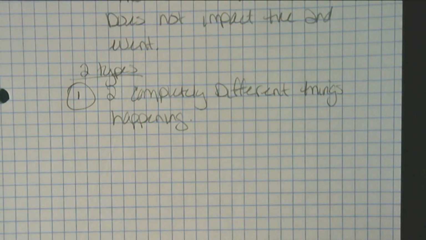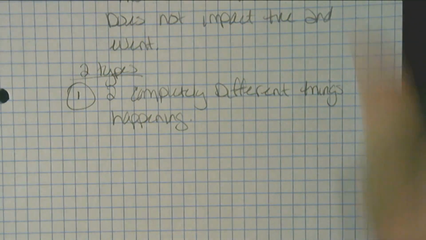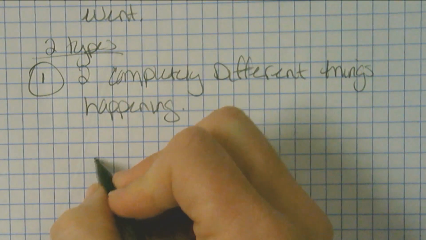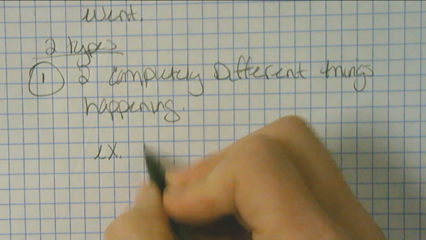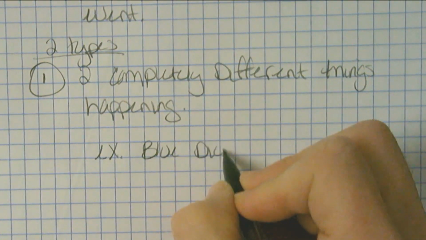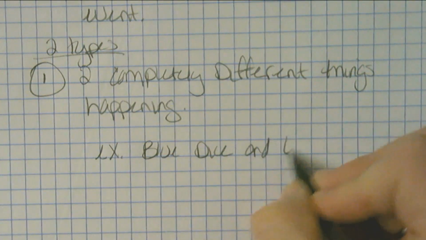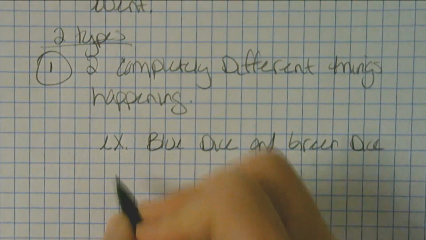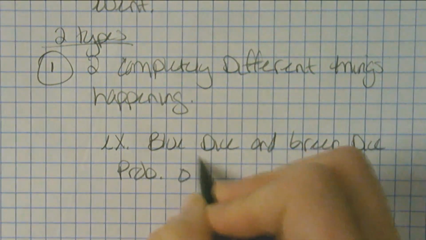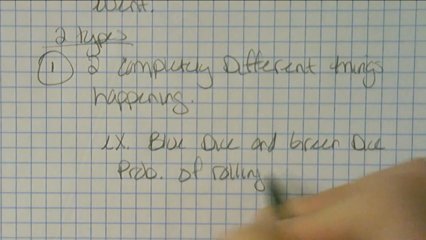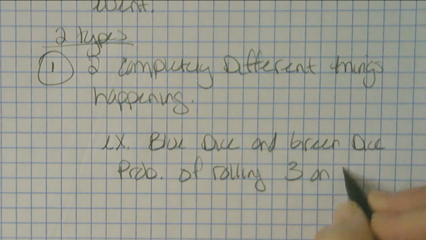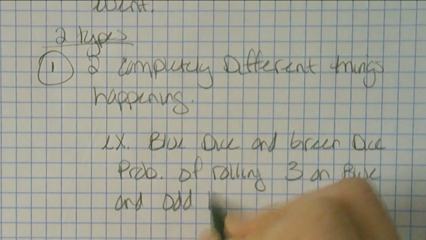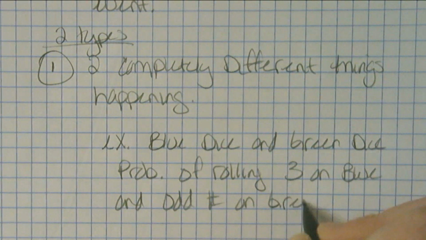An example of that is what I've already talked to you guys about, and we're going to do that example with the two different color dice. So we have a blue dice and a green dice. We want to know the probability of rolling a 3 on blue and an odd number on green.